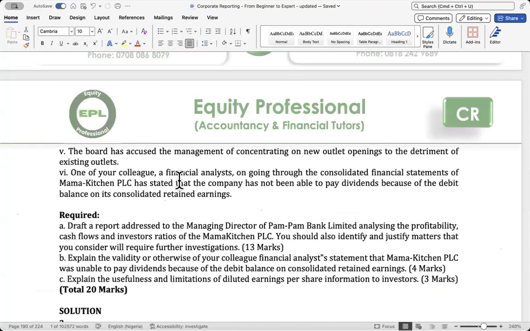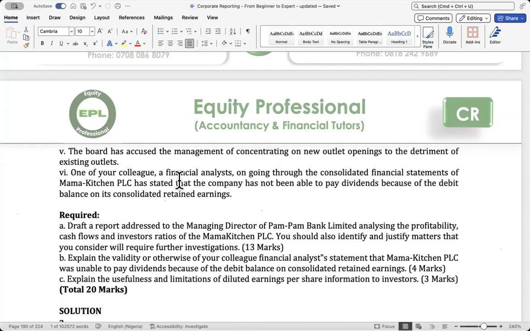Five, the board has accused the management of concentrating on new outlet openings to the detriment of existing outlets. Six, one of your colleagues, a financial analyst, on going through the consolidated financial statements of Mama Kitchen PLC, has stated that the company has not been able to pay dividends because of the debit balance on its consolidated retained earnings.